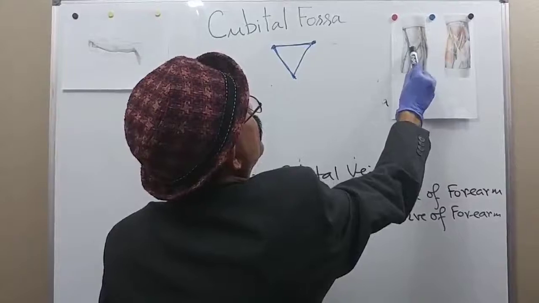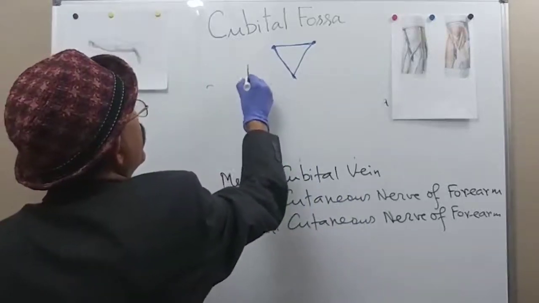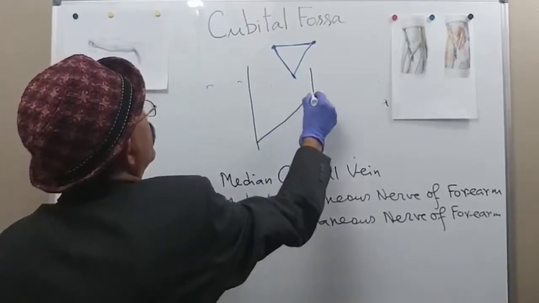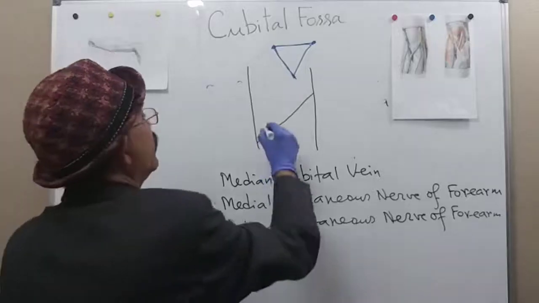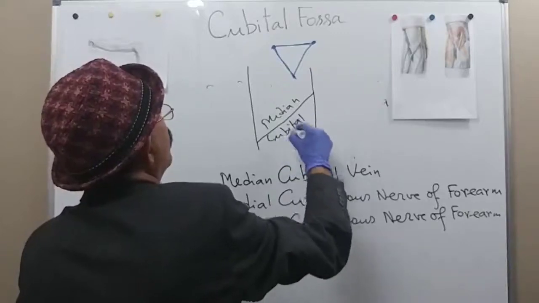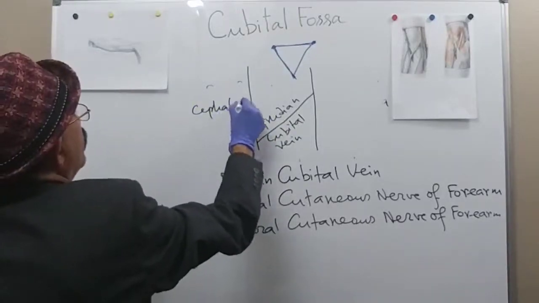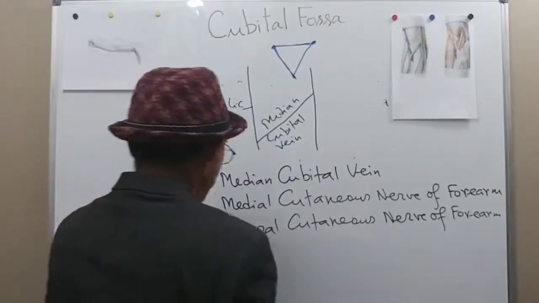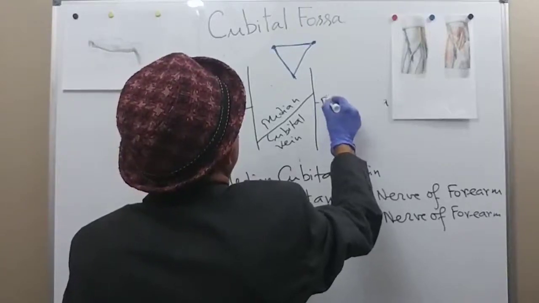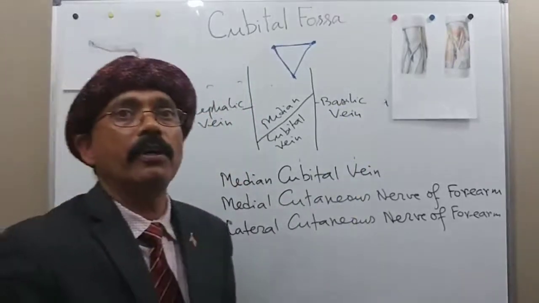This is the median cubital vein, this is the cephalic vein, this is the basilic vein. Okay, we got the median cubital vein.